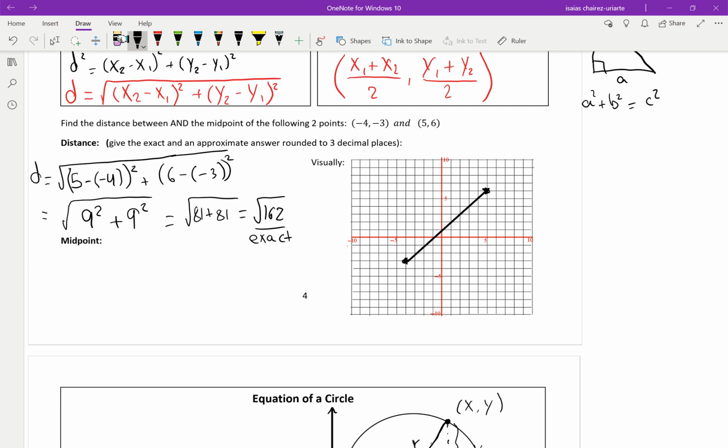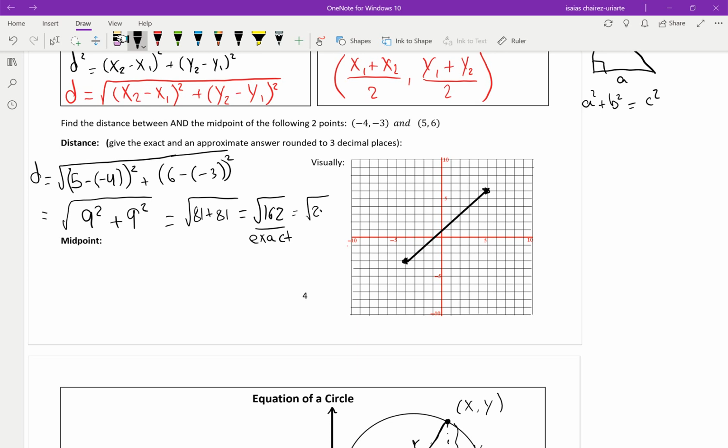Now we could simplify it a little bit. Let me think about perfect squares that divide 162. Well, 9. This is the same thing as 81 times 2.